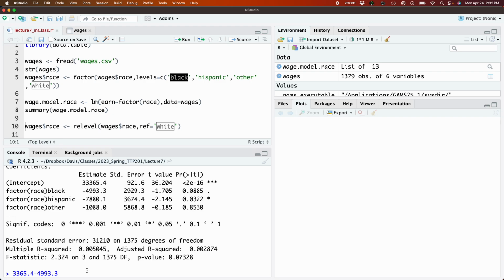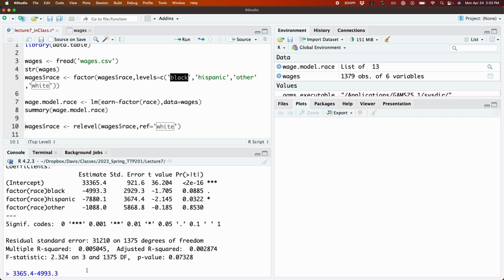So these values are saying whether the differences are statistically different from 0, which means how statistically different is each of these races' earnings from my baseline, so in this case from white, right?